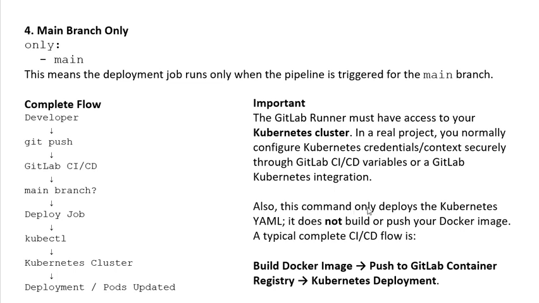Also, this command only deploys the Kubernetes YAML; it does not build or push your Docker image. Typically the complete CI/CD flow is: build the Docker image, push it to the GitLab container registry, and then do the Kubernetes deployment.